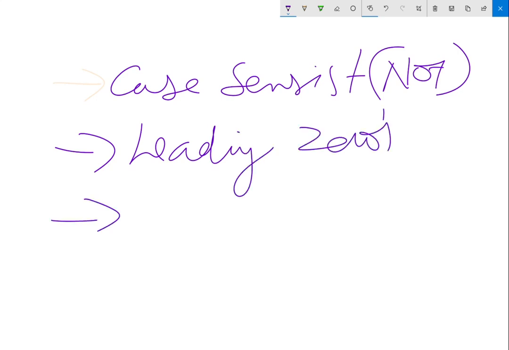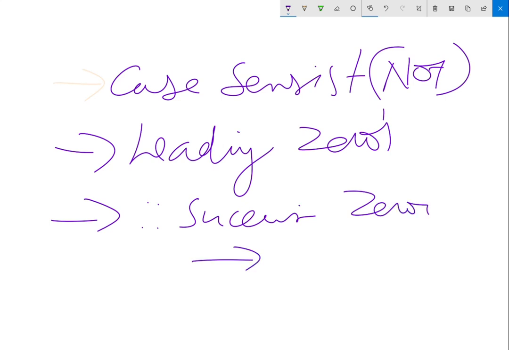Third, you can use double colon for successive zeros only once in an IP address. So this is how you can represent the structure of your IP address.